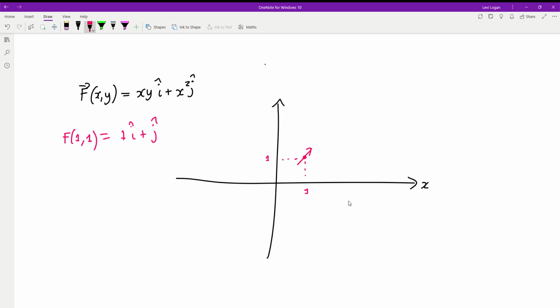Now you'll notice as x gets very large, this term is going to get bigger than this term here because of the squared factor. So the y component is going to increase for each vector, and you'll have some vector field looking like this, just from looking at it, not from graphing it.